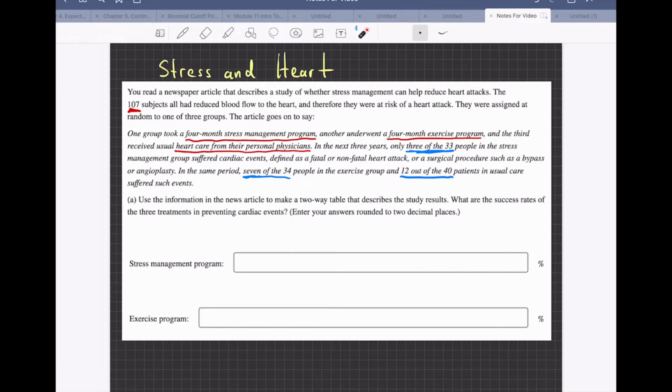This means that 30 didn't suffer that, so you need to divide 30 by 33.